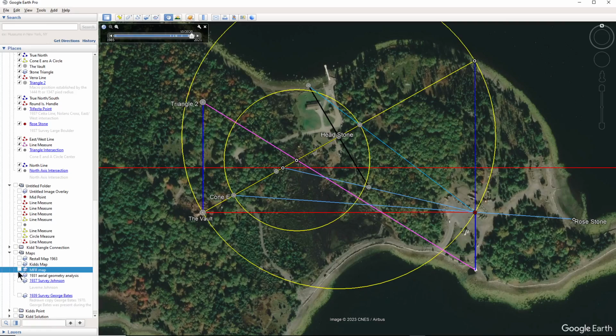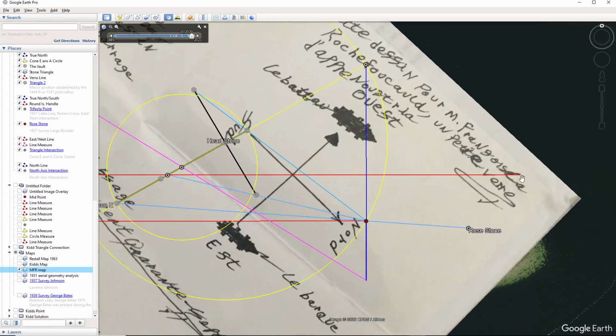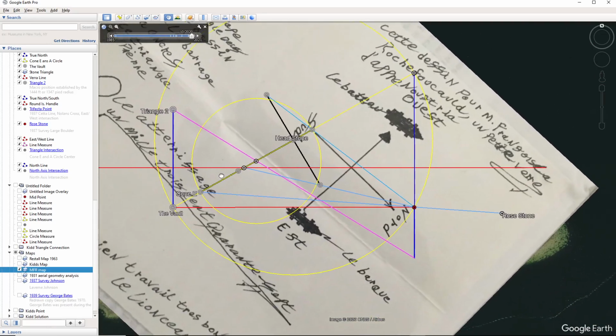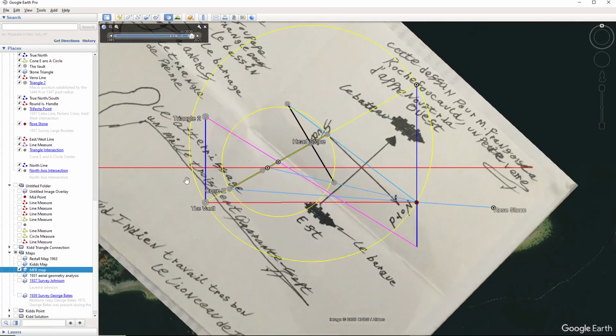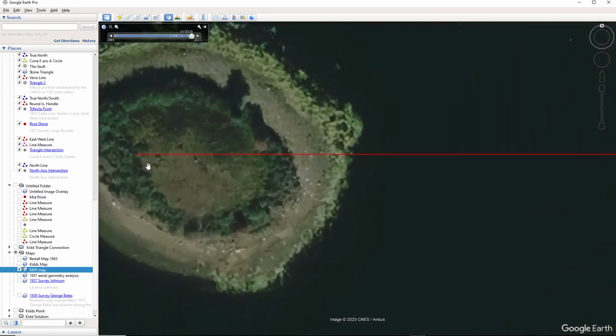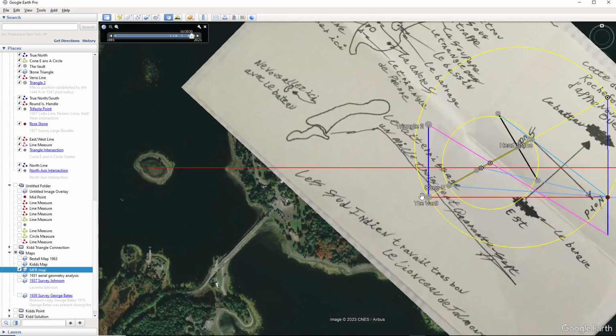It is a line that sets up an east-west line that goes through the center of this quadrant on the Rashleigh Cole map, and this is where it intersects Nolan's Cross. It's right here. There's actually more lines that go through this point. I call it the trifecta point. And then this line continues off to Round Island, and there are some boulders here that actually set up this east-west line.